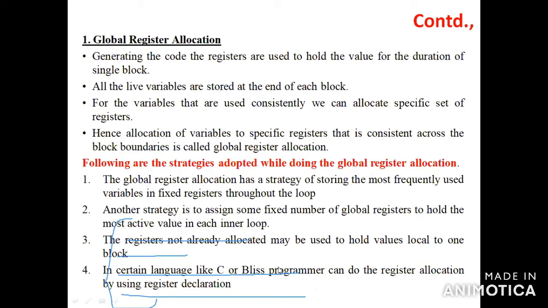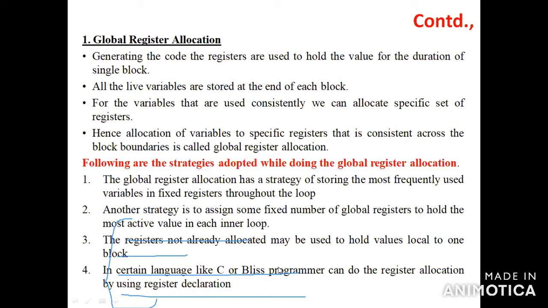Okay, so these are all the strategies for global register allocation. The first strategy is storing the most frequently used variable in a fixed register throughout the loop. So whichever variables are used most frequently in each block, you have to assign to a fixed register throughout the loop.